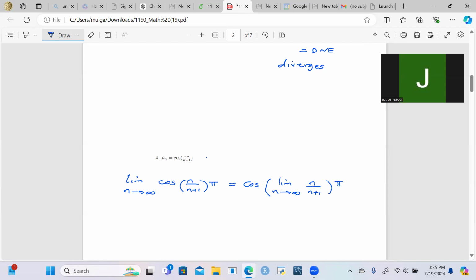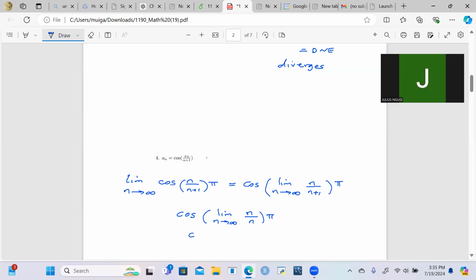And we observe again, whatever is inside the cosine can still be written as a limit as n approaches infinity. The behavior will only depend on the highest power of n, that's n over n, times pi, and n over n is 1.